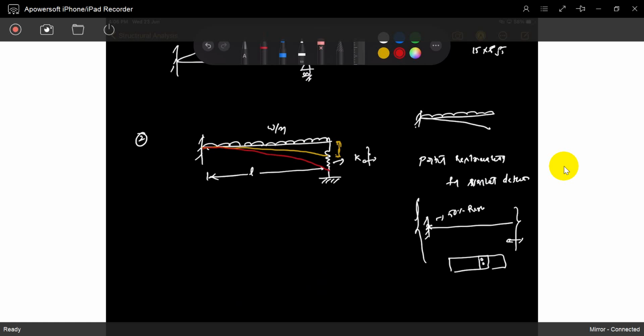That is why it will deflect only some part, and that part I call y. Understood? So I will give some force R exerted, and the spring also exerts some force.